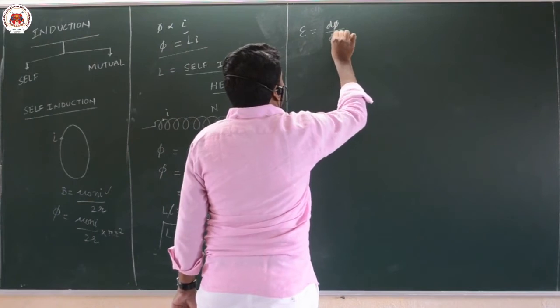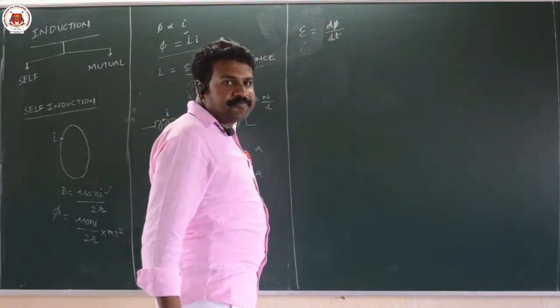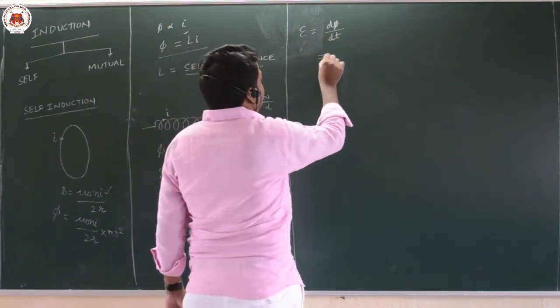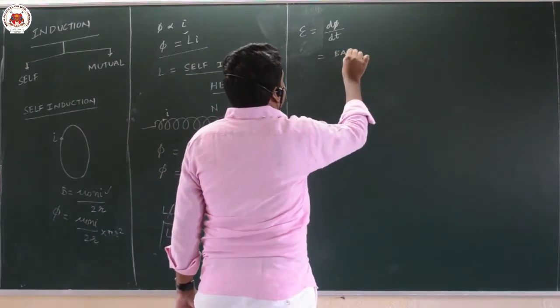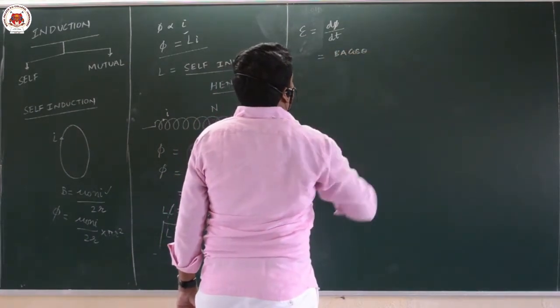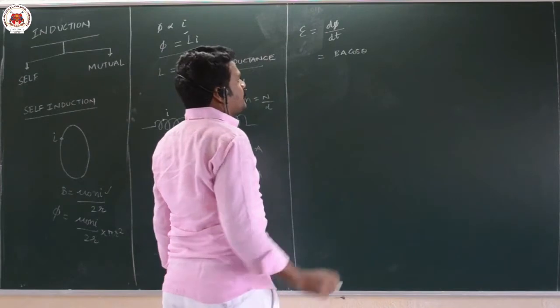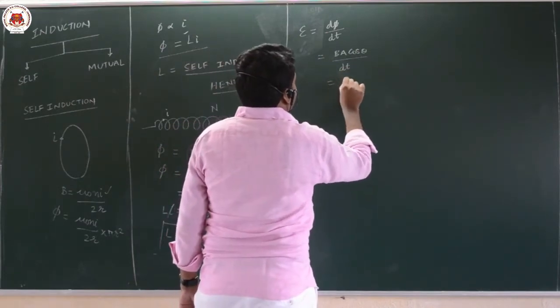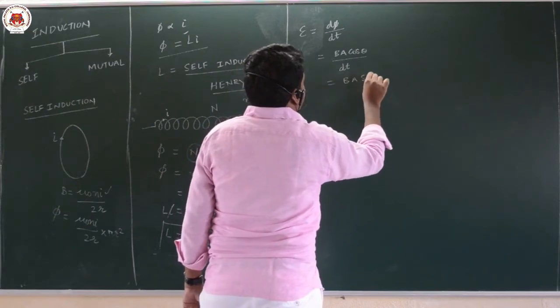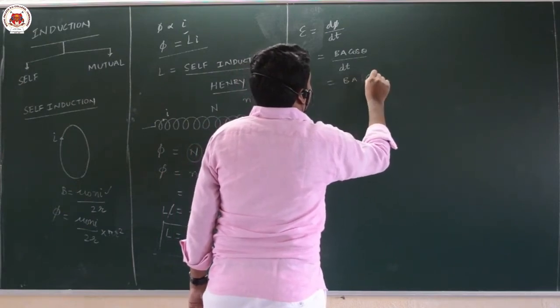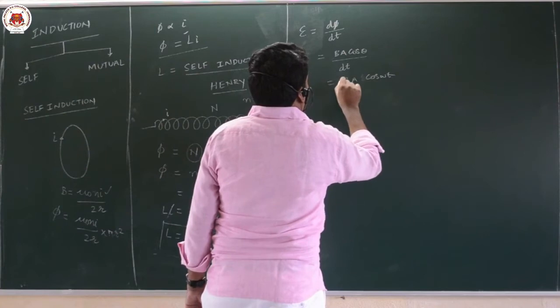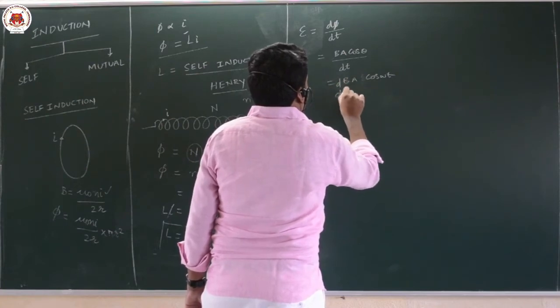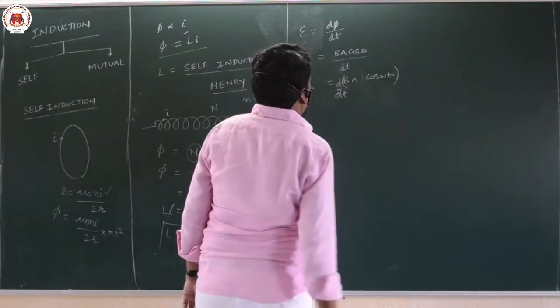So d phi we can write as BA cos theta by dt. You can write this as d by dt of BA cos omega t.